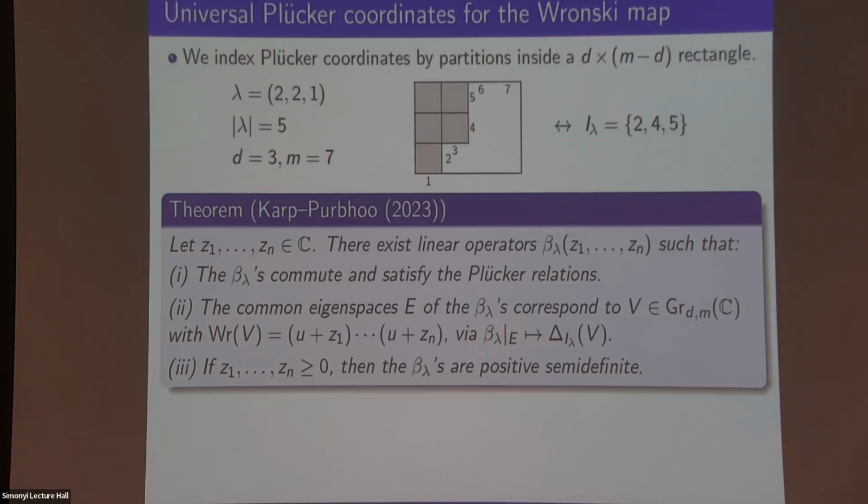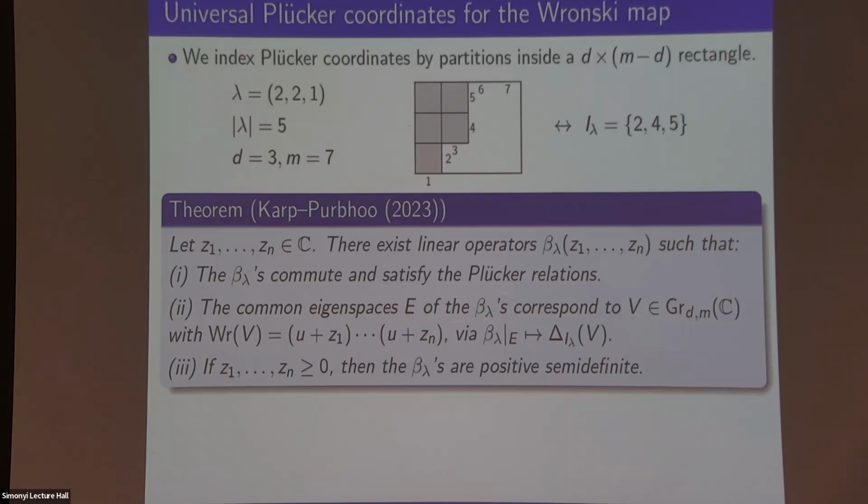So they're the Plücker coordinates of some point V of the Grassmannian, and this point V has the Wronskian U plus C1 times U plus C2 up to U plus Cn. So it has the desired Wronskian. And this is a one-to-one correspondence between Grassmannian elements V with this Wronskian and common eigenspaces of these beta lambdas.